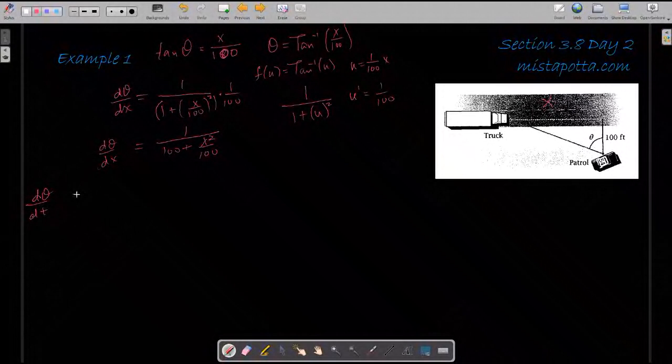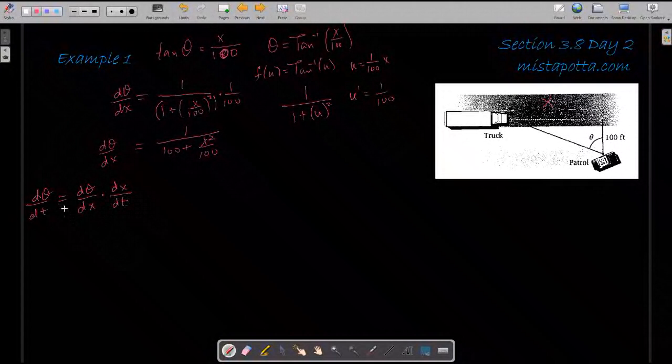Now, according to the chain rule, I know that it's going to have something to do with d theta dx. And I know that I want to get rid of this differential dx, so I'm going to multiply by dx to get rid of the differential. And I want to acquire dt in the denominator, so I'm going to need to divide by dt.